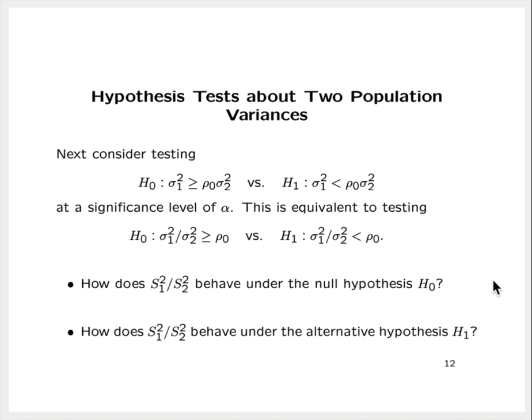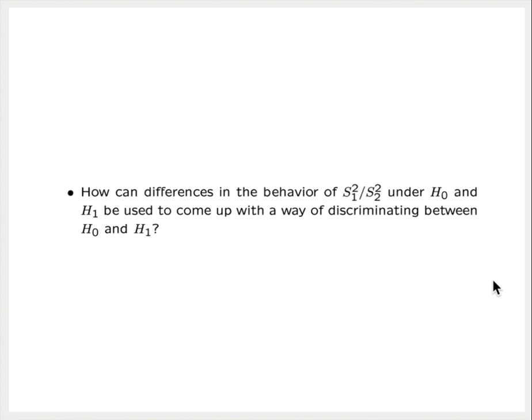And so again, we want to consider how the ratio of the sample variances behaves under the two hypotheses, and we want to use differences in behavior to come up with some rejection criteria.